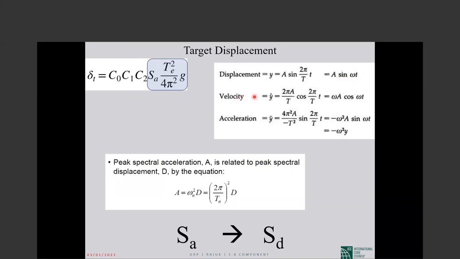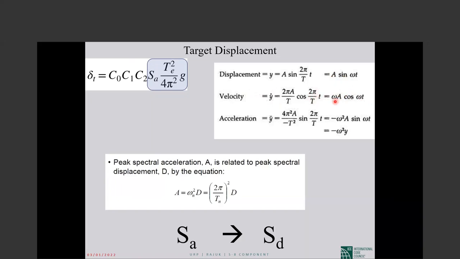Then velocity is derivation of the displacement. So if we do that, A sine omega t becomes omega A cosine omega t. And maximum of cosine is 1. So omega times A, what is omega? 2 pi over T. It depends on the period of the building.